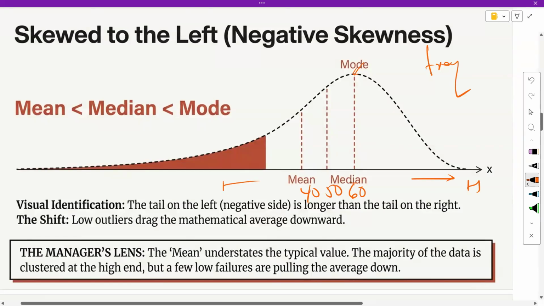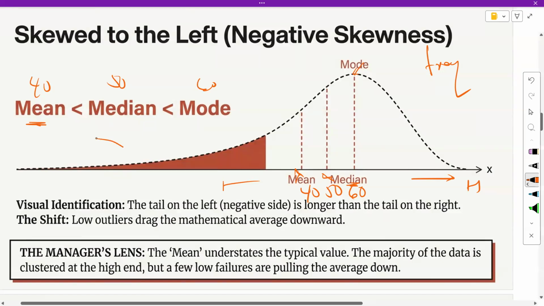And the median, 60, mode, right? So this is the mode, this is the median, and this is the mean. The mean is the lowest value, here 40, and the mean is less than the median, that is 50, and the median is less than the mode, 60.